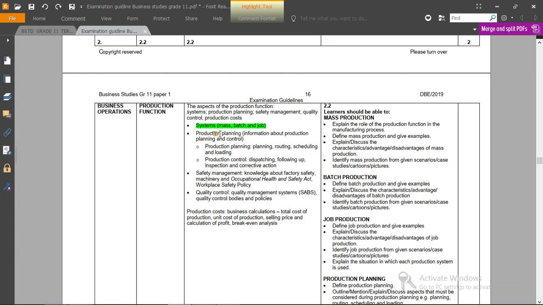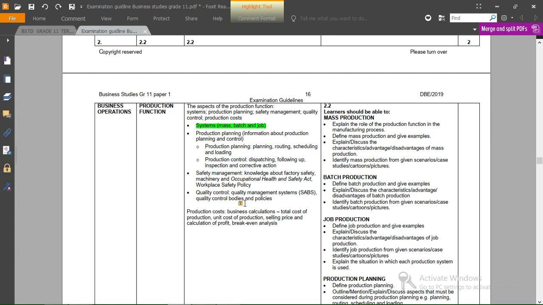So if we're producing goods, which system are we going to use to produce those goods? What is the planning that is needed on the production when you want to produce goods? That's production planning. What are the safety measures that should be put in place? Because when you're producing goods, there are a lot of hazards, there are a lot of health and safety issues that are very critical. So what are the safety measures that we need to put in place, and the laws that deal with those safety measures, right?